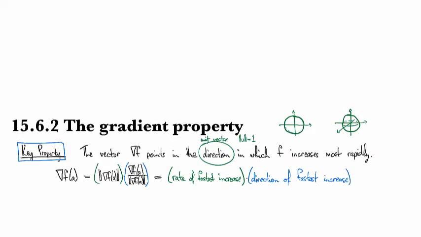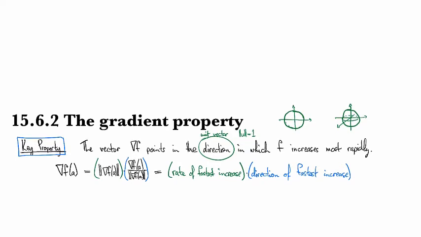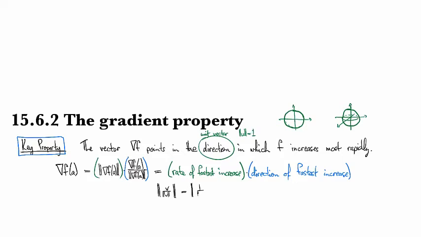And the fact that it's a direction, in other words a unit vector: if I take any vector v and divide it by its length, then the resulting thing is going to be a unit vector. I can tell because if I take its magnitude, there's a rule about magnitudes that says you can take a scalar outside, in particular the scalar 1 over magnitude v.